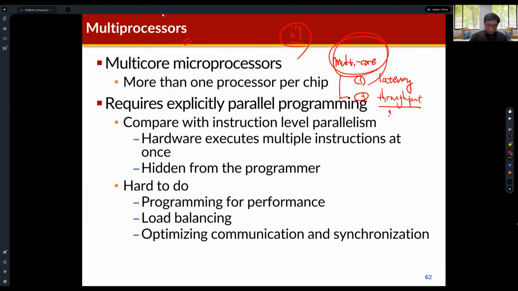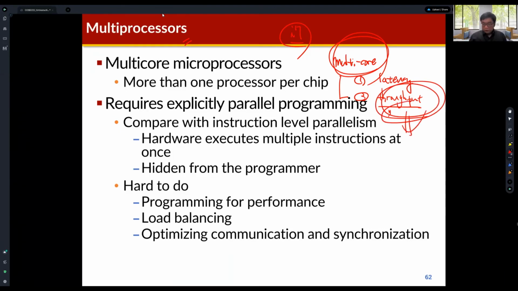So instead of increasing the performance of a single-core CPU, we decided to increase the throughput of a computer system with multi-core processors. With a multi-core processor, we cannot increase the performance of a single thread, but we can increase the throughput of a computer system.